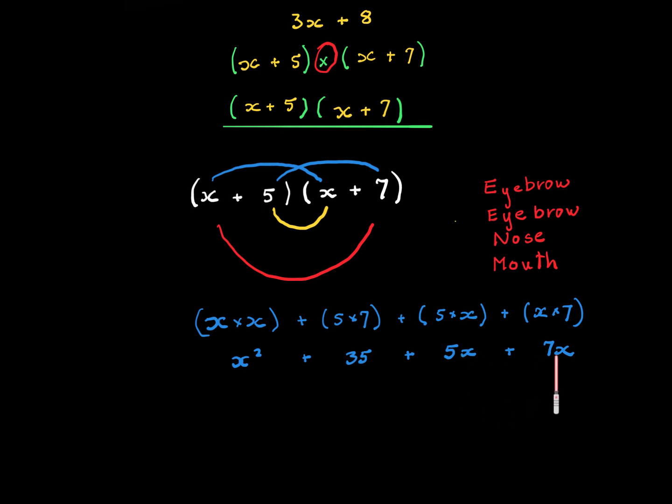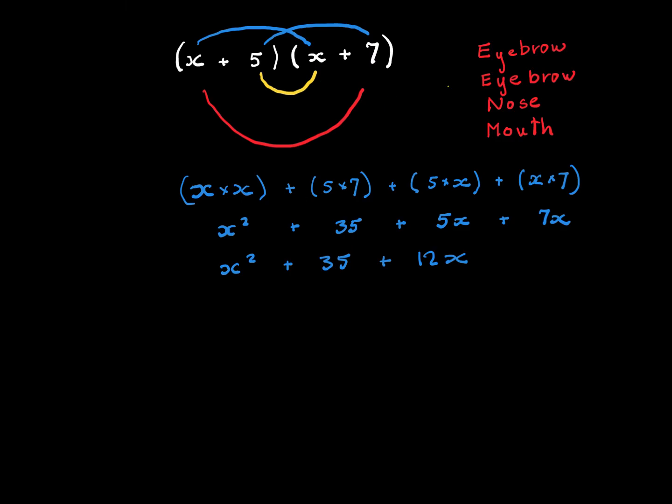But you will notice that 5x and 7x can be combined together. So 5x plus 7x is 12x. So we can rewrite this one more time, and we can say that we have x squared plus 35 plus 12x.